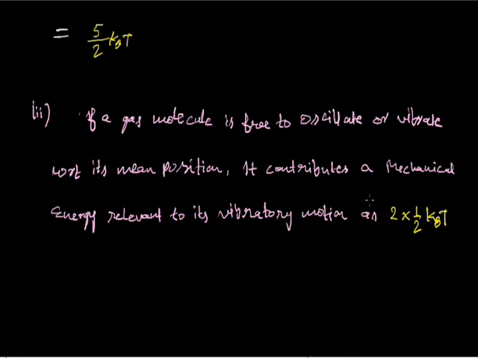According to its different types of motion, its energy contribution regarding that type of motion will be added, and finally its complete energy contribution to its motion can be calculated as we have discussed here.